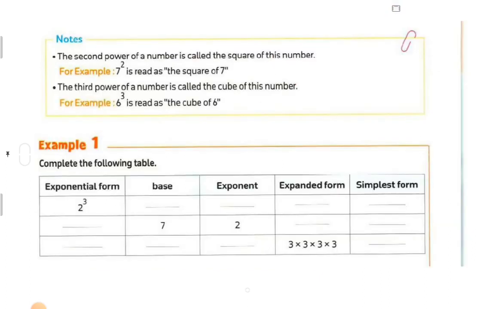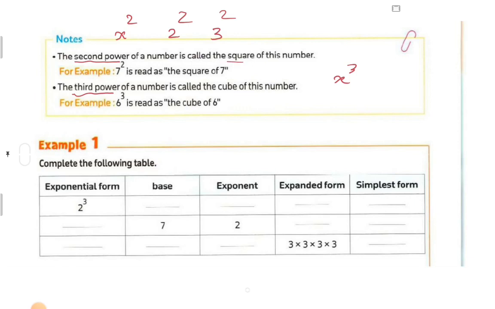Also note the second power. What's the meaning of second power? Any number x power 2. We also have the third power, which means x power 3. X is any number with power 2, and I call it the second power of x, or 2 power 2, the second power of 2. 3 power 2 is the second power of 3, and so on.